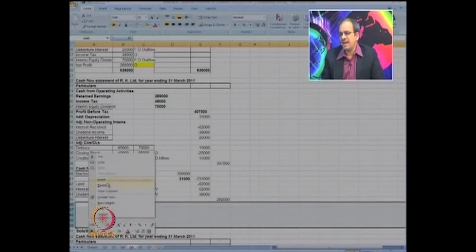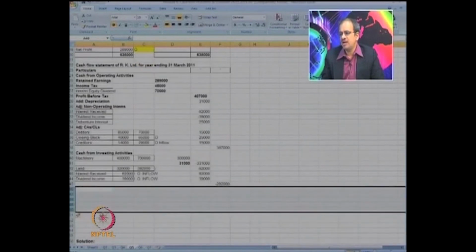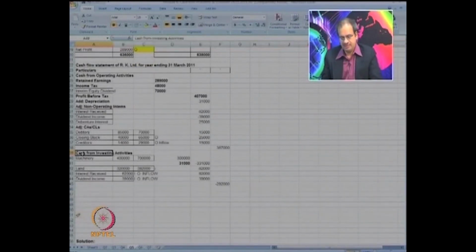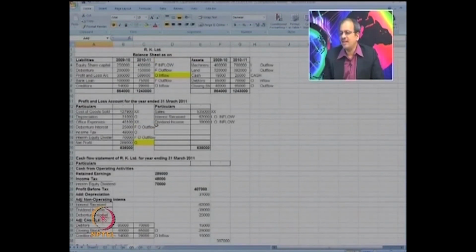Now let us go to the last heading, which is nothing but financing activity. Now go to the balance sheet again, look for F items. You will see on the liability side there are 3 items: equity capital, debentures and also bank loan. So they represent the money raised by the business.